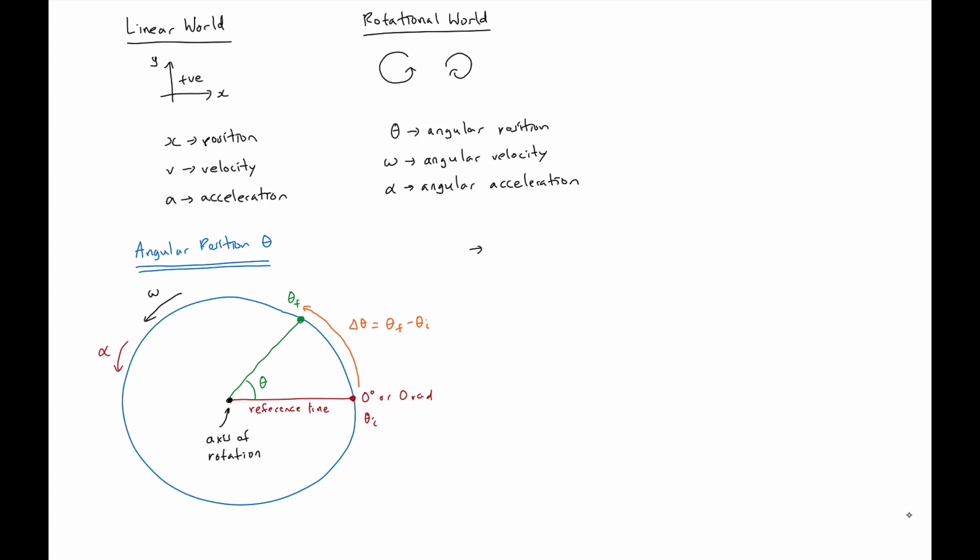By convention, counterclockwise is positive and clockwise is negative. The reason for that is because of our Cartesian coordinate system. We usually start with this being 0 degrees, and we have 360 degrees going in the counterclockwise direction.